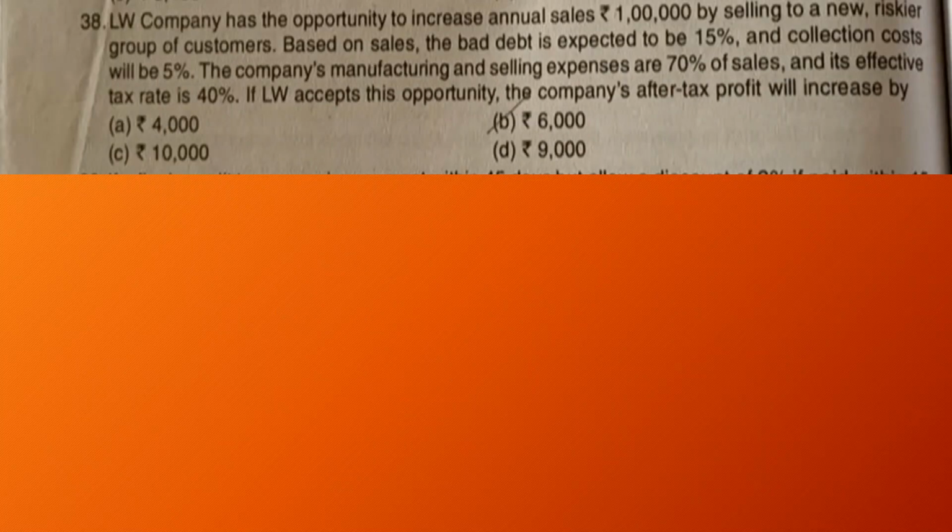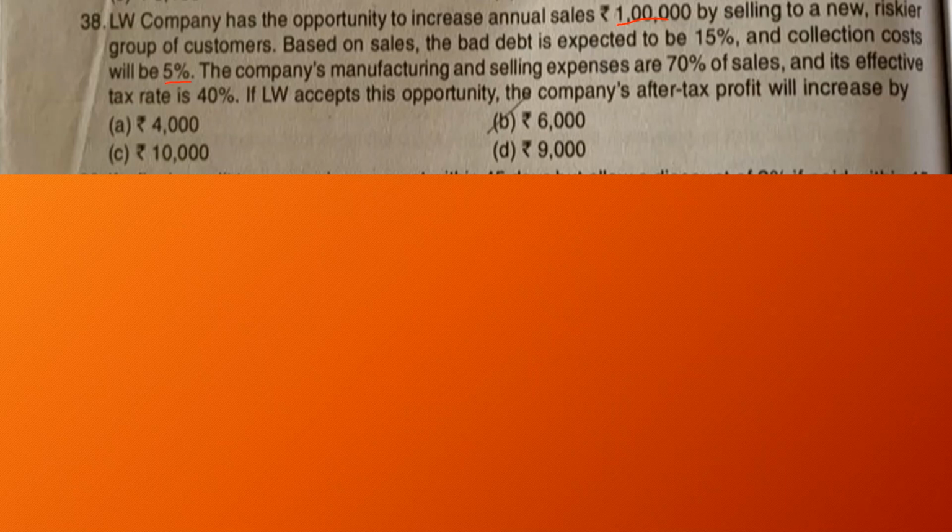Then come to the next question. Here it is given LW company has the opportunity to increase annual sales, annual sales given as rupees 1 lakh, by selling to a new riskier group of customers. Based on sales, the bad debt is expected to be 5%.